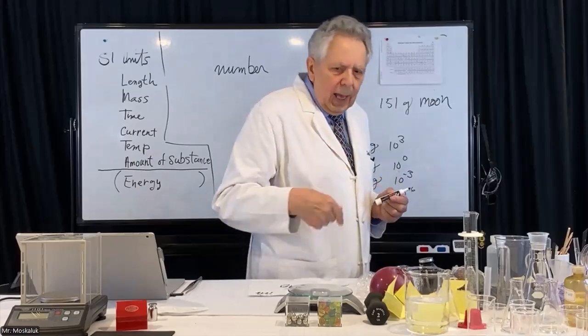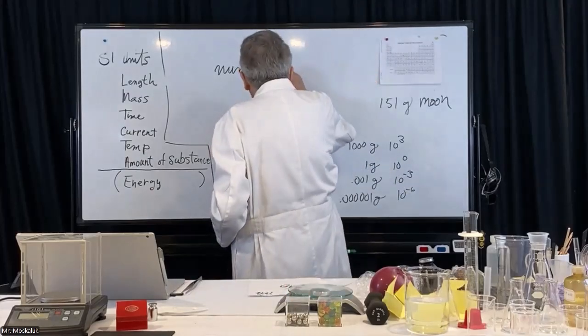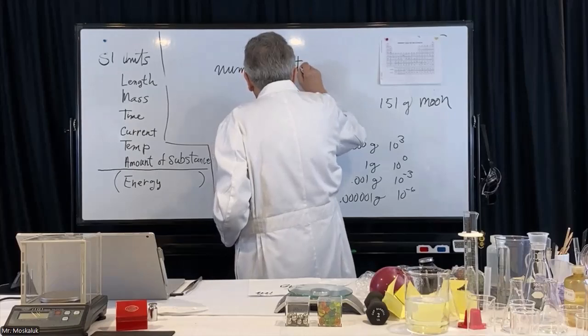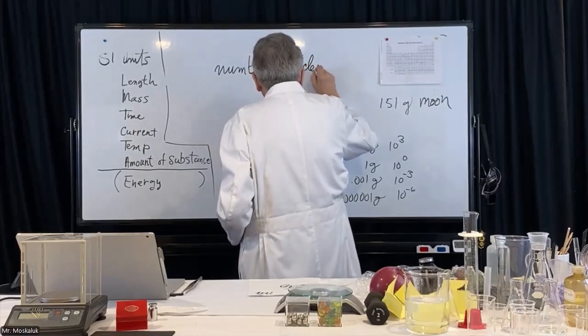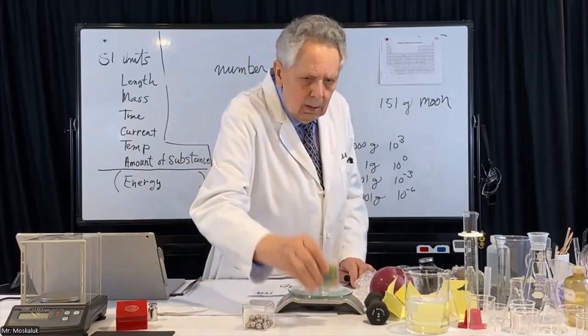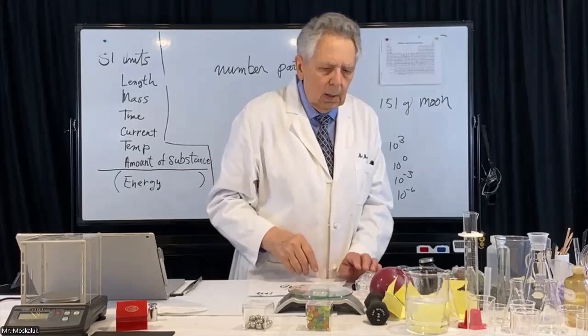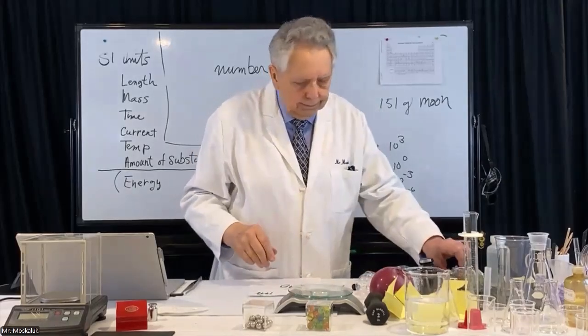But for us, I'm worried about how many atoms. So it's the number of particles. How many marbles do I have here? How many marbles do I have here? More than here.